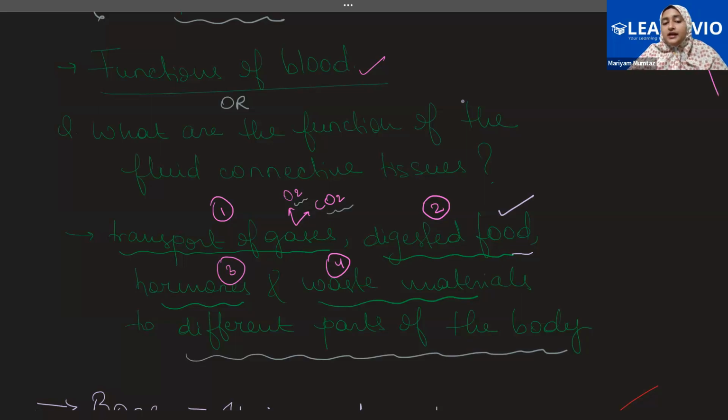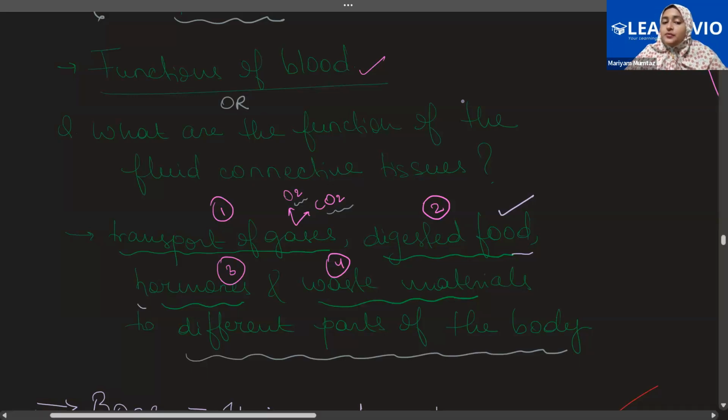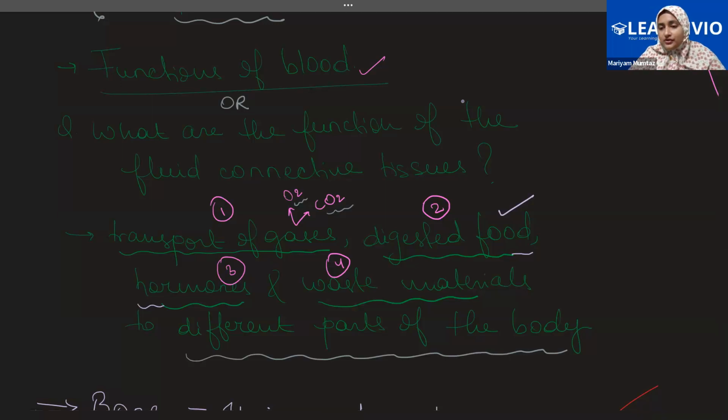Then the blood is also responsible for the transportation of hormones, because we know that in our body there are so many different kinds of hormones, right? There is growth hormone, then there are hormones associated with reproduction, then hormones associated with metabolism, and a variety of hormones. So those hormones, they don't have legs so that they can go from one place to another. So they use the blood.